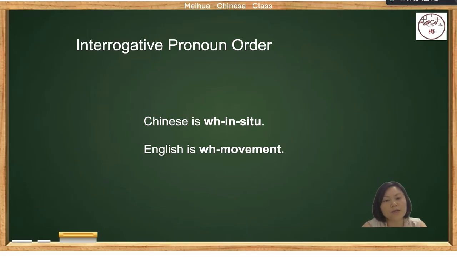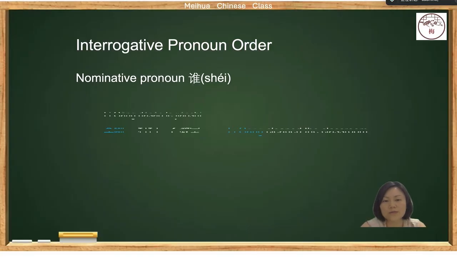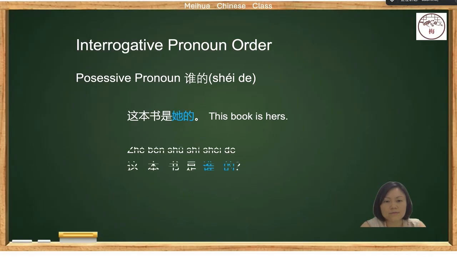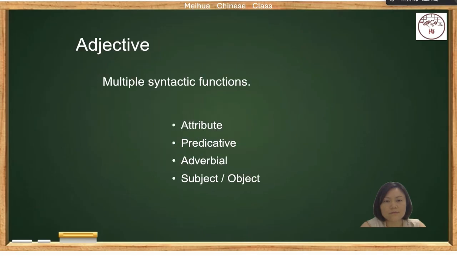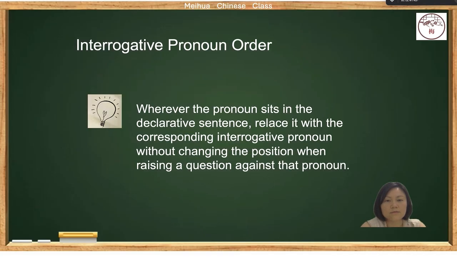Or simply speaking, we should always put the interrogative pronoun at the beginning of the sentence. Here is the conclusion. Wherever the pronoun sits in a declarative sentence, replace it with the corresponding interrogative pronoun without changing the position when raising a question against that pronoun.